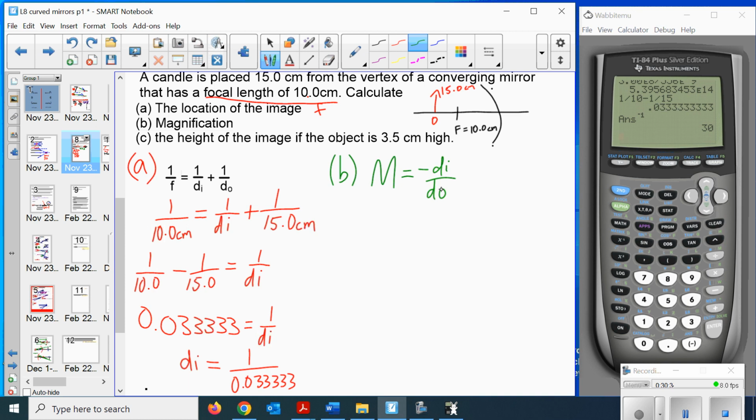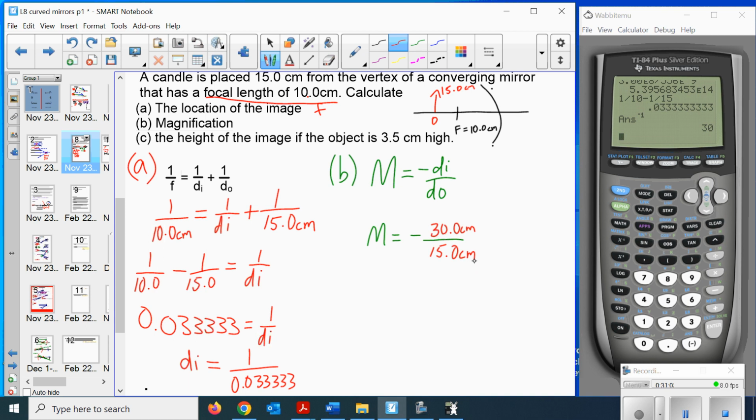I'm going to solve for magnification. The negative sign is built into the formula. My di, I just figured out, is 30. I'm putting down centimeters here, because you have to make sure they're in the same units, and they are. My 15 is my do, and that was from the given.